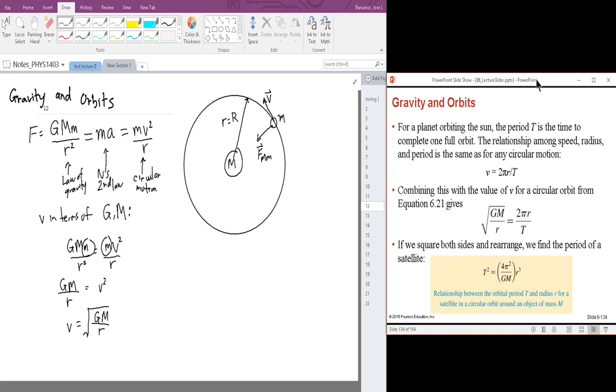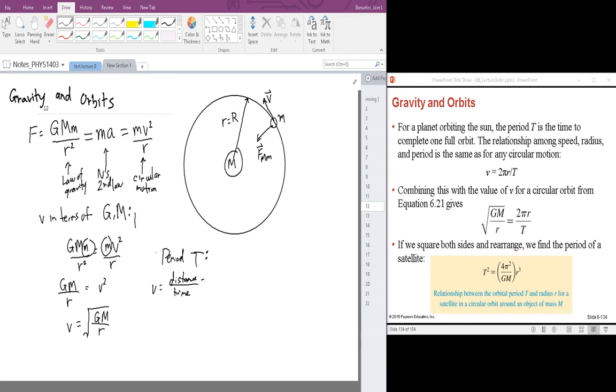That also means we can make connections with the period, capital T. We know velocity is distance over time.